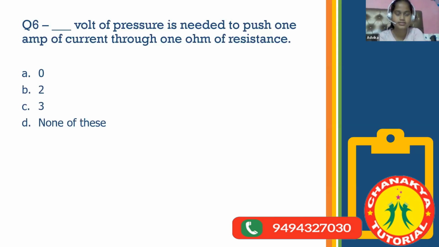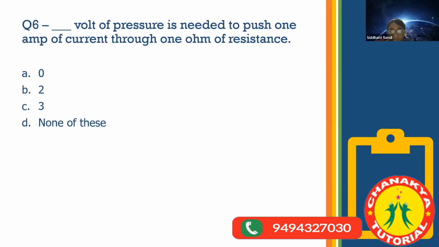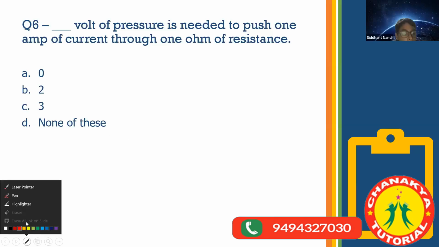I don't know, I think. Adris, what did you get? I think it's none of these. Even I think it's none of these, because voltage is equal to IR, 1 into 1. What about Hamza? What did you get?